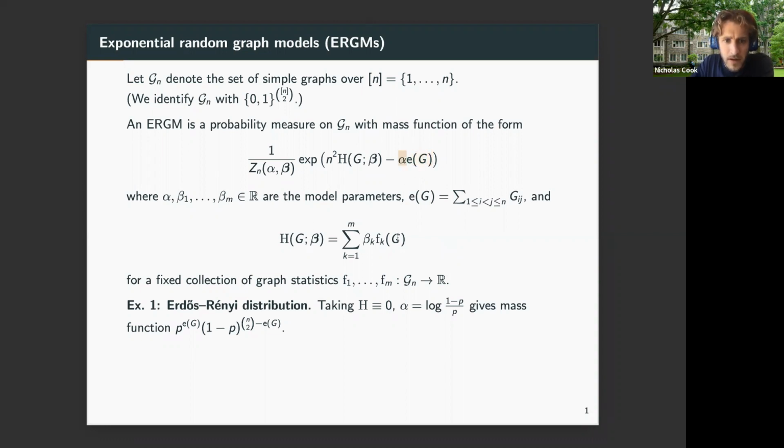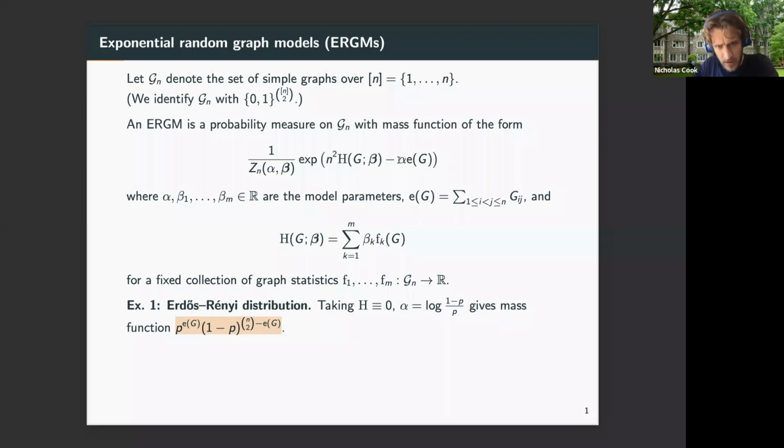Alpha we let just be a number on the line, but you could parameterize that in this way for p between 0 and 1, and then you can see that the probability mass function just works out to be the probability mass function for the Erdős Rényi graph.